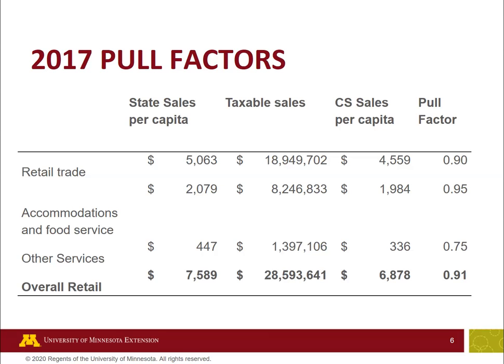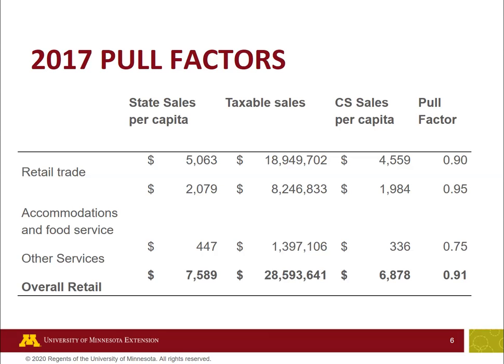If it's a number below 1, then, for instance, in retail trade, we have a pull factor of 0.9 on the far right column. That means that the sales per capita in Cold Spring were less than the state sales per capita. Now, when it's over 1, that means that a community is generating more sales per capita in that category than the state average would predict. So that generally means that people are pulling in consumers from outside of their area.